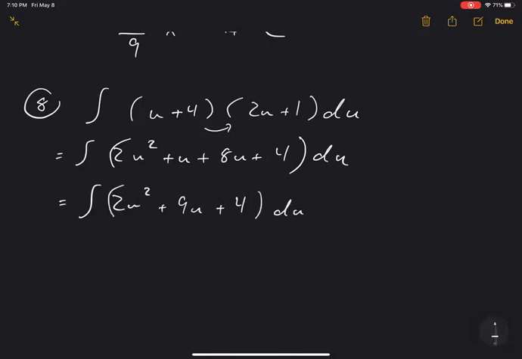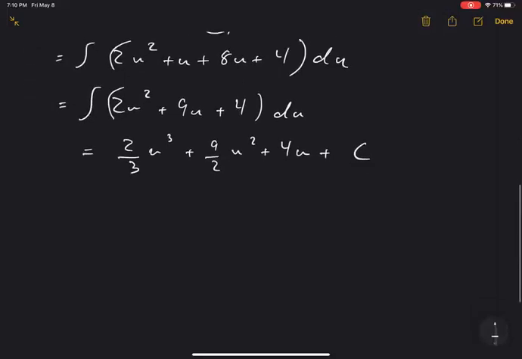Now each of these terms individually I can integrate, right? So that's all I need to do. I just need to integrate these terms. Again, this comes down to power rule, basically. Okay, and that would be my answer for that one.